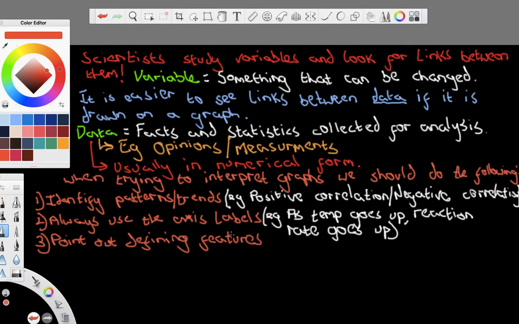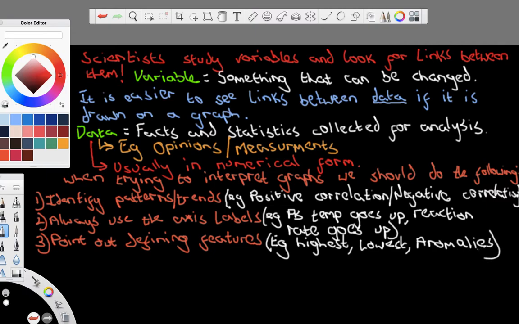Now, what I mean by pointing out defining features is that you should always point out what the highest is, what the lowest is, the range, and any anomalies. So we can put e.g., highest, lowest, anomalies, these are all examples of defining features.